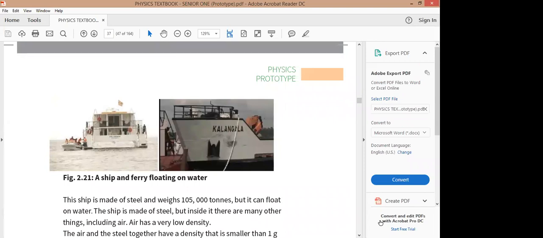Yvonne: The ship has many other things, including air. Most of the space in the ship is air, and air and steel together have a lower density than water. That's why the ships are able to float on water. Okay, very good, Yvonne.